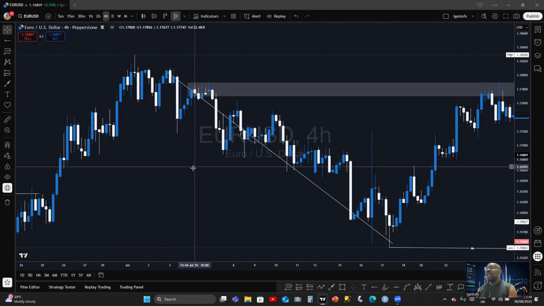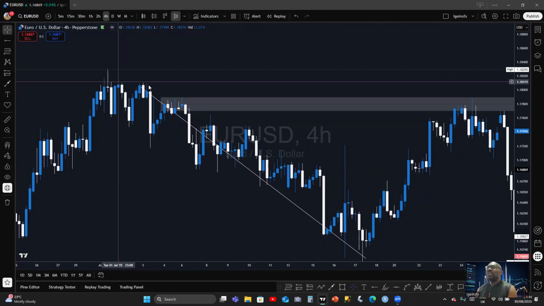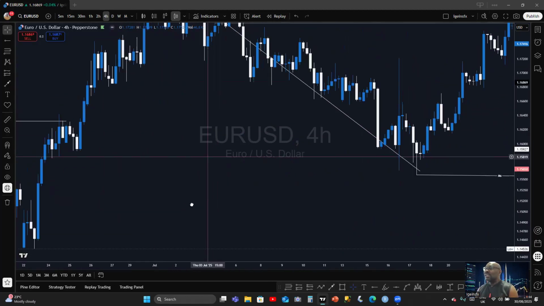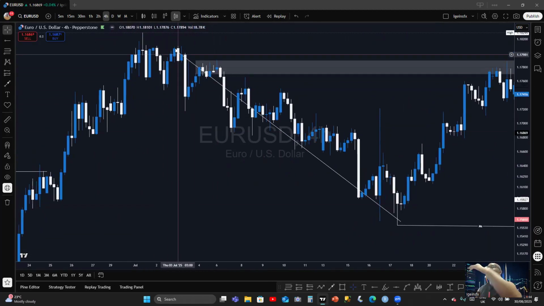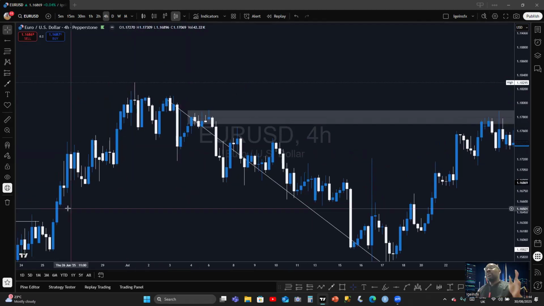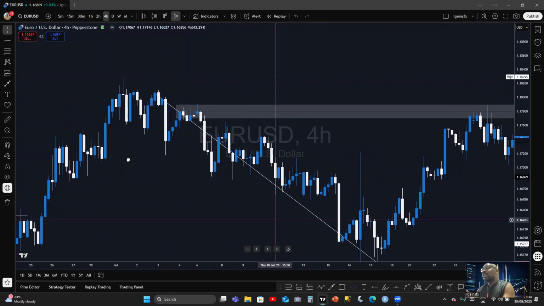Once that change of character happens, once you notice equal price, double tops, or double bottoms, all these things, you know that the price is changing from a bullish state to a bearish state.